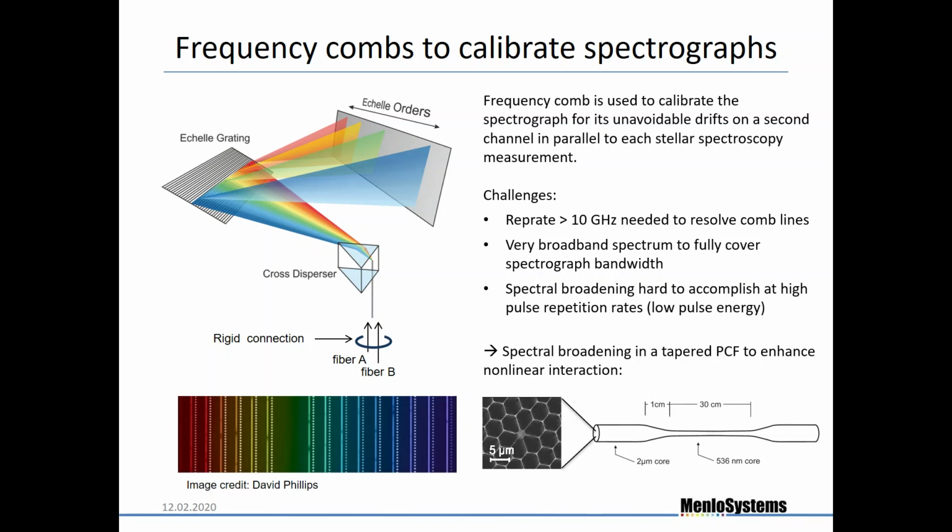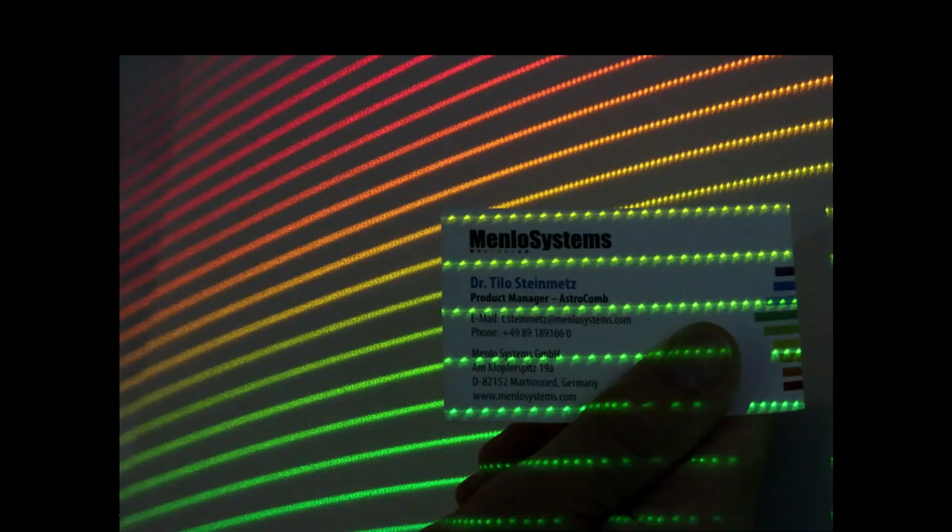We even built a little Echelle spectrometer for ourselves that we use in our laboratory. And here's how this looks in action when we project this Echelle spectrogram on a laboratory wall. These little dots that you can see here are the comb lines of our frequency comb. And with this impression from our laboratory, I would like to conclude the talk and thank you for your attention.